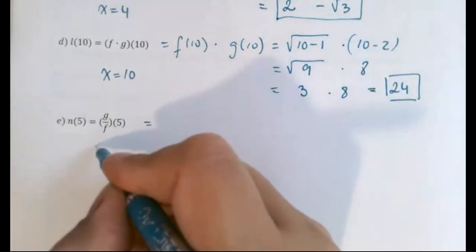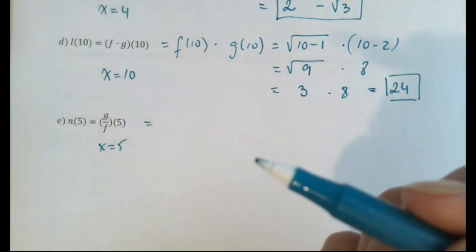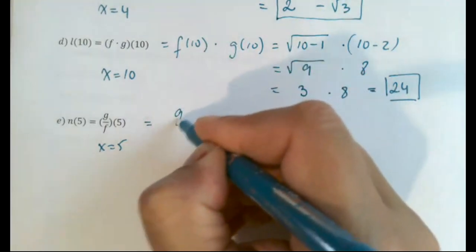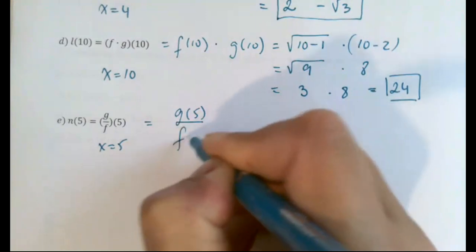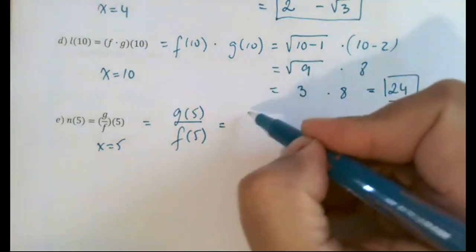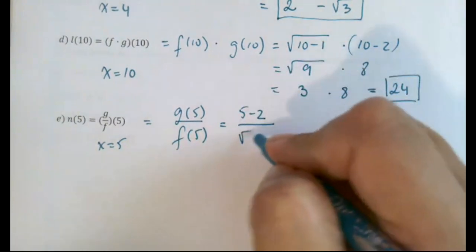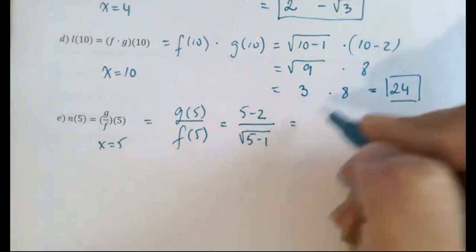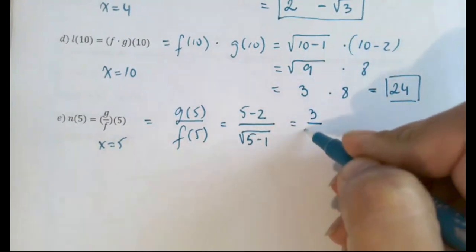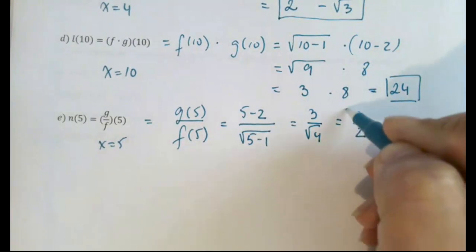And last one, when x is 5, from function n obtained by the quotient of g and f. So we have g at 5 divided by f at 5. G at 5 is 5 minus 2, f at 5 is square root of 5 minus 1. It's 3 at the top, square root of 4 at the bottom, 3 over 2.